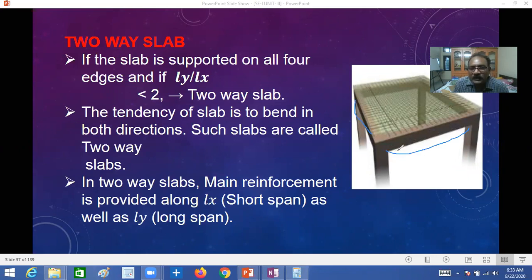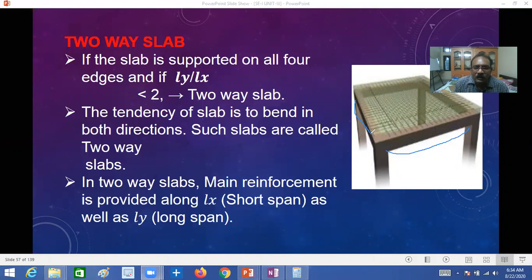In one-way slab, we see only one way. In two-way slab, the condition is Ly by Lx should be less than 2, and the deflection is on both sides, both the shorter span and the longer span.